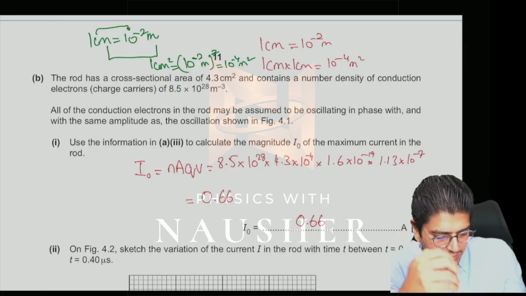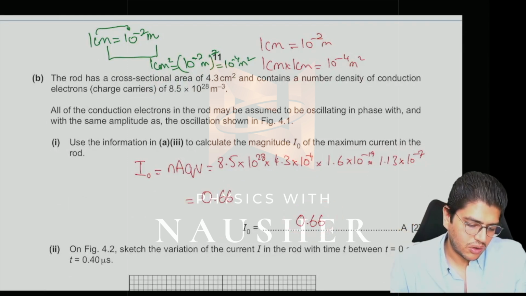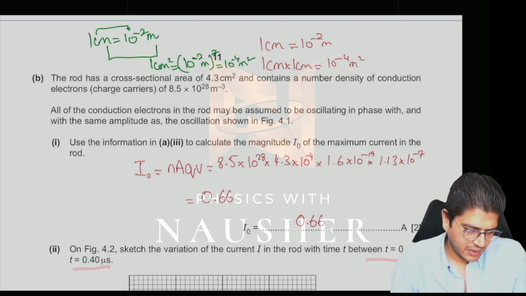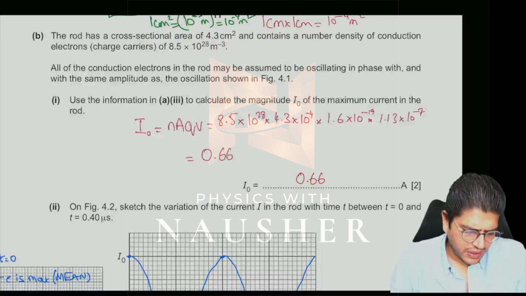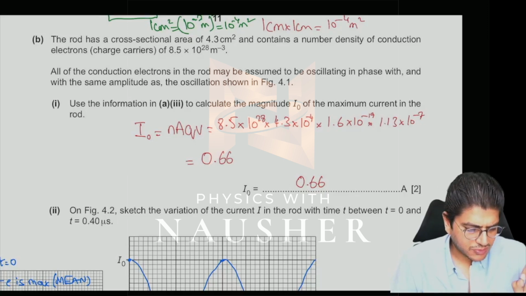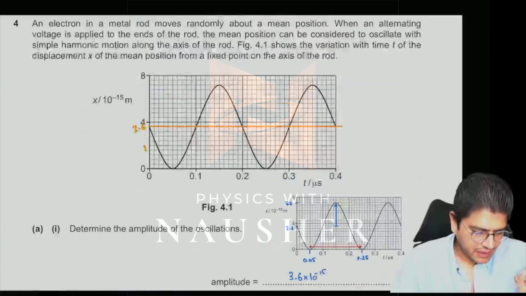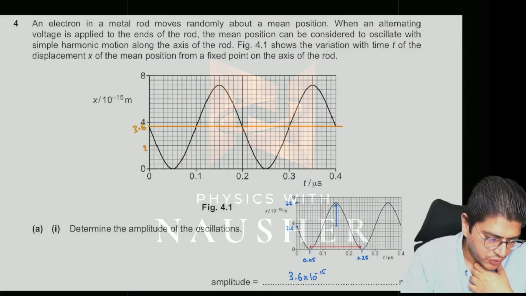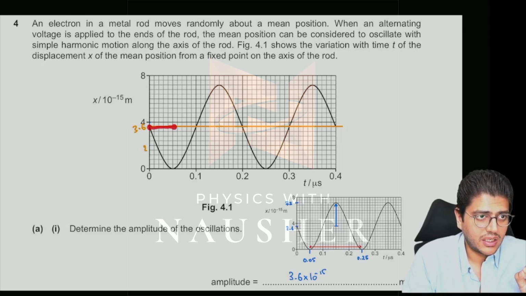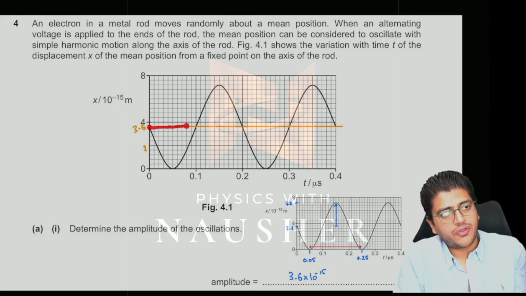Now on figure 4.2, sketch the variation of the current in the rod with time t between t is equal to 0 and t is equal to 0.4. When you sketch the variation of current, understand that you start off at your mean position. Your mean position was this line, so you started off with maximum speed.